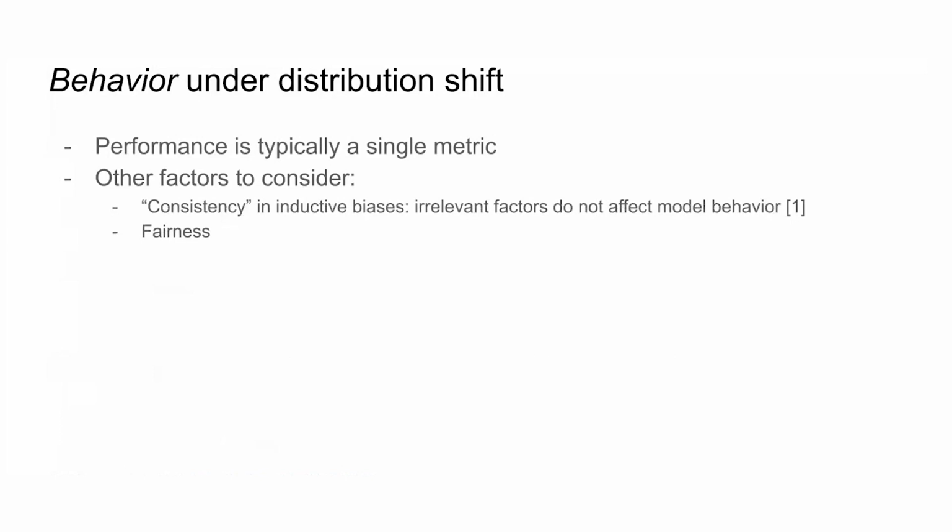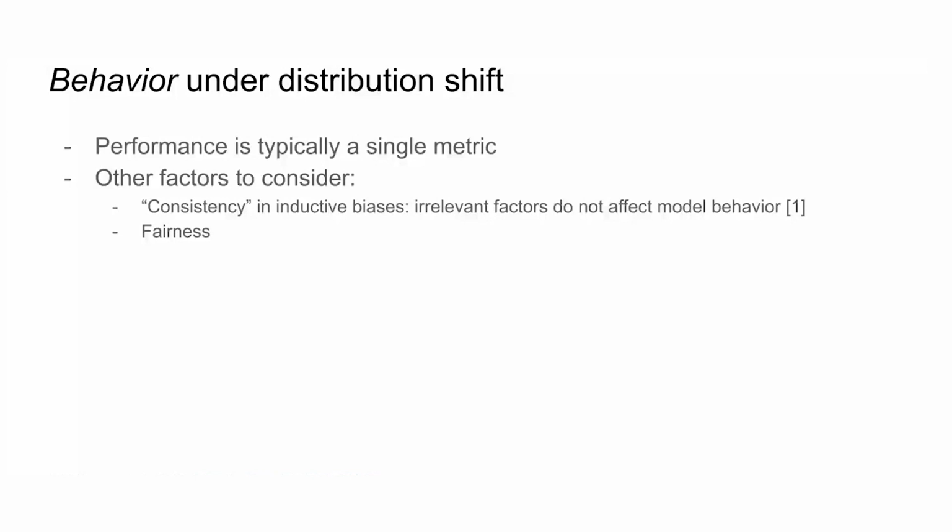So we have looked at other factors to consider, like the consistency in inductive biases. That is other work, and I have other slides if we have time and if you're interested. But today I wanted to focus on the more recent work around fairness and whether fairness actually transfers across environments.